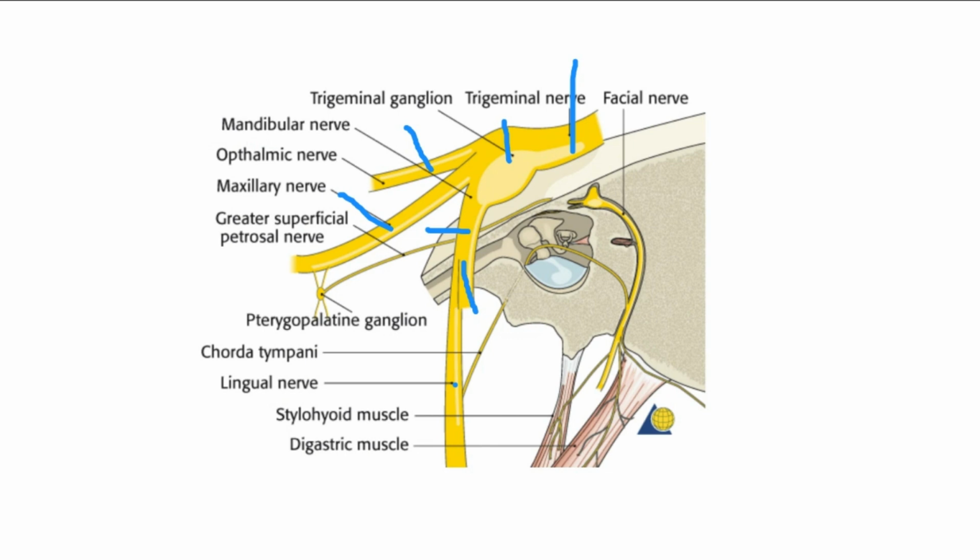It joins the lingual nerve and goes here to the facial nerve, and the facial nerve will take it to the brain. And this is called chorda tympani. So chorda tympani, part of it is with the facial nerve and part of it with the lingual nerve.